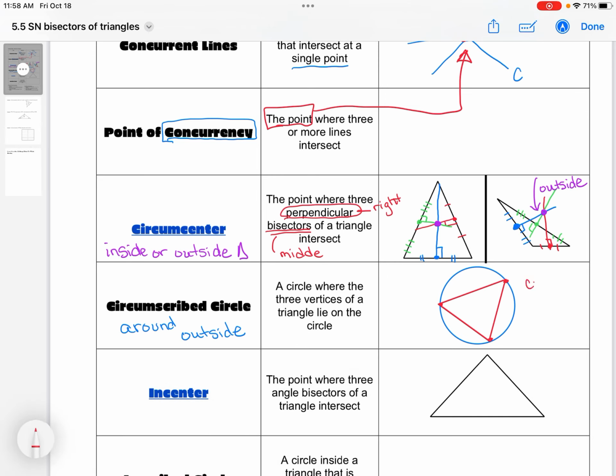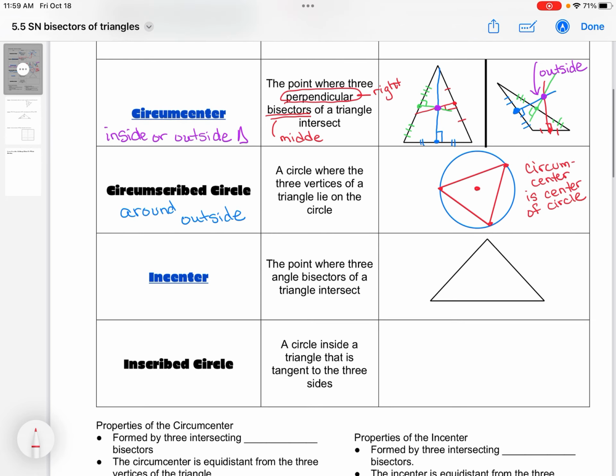And the circumcenter is the center of the circle. So if you draw a circle around the outside of the triangle, the middle of the circle is the circumcenter.